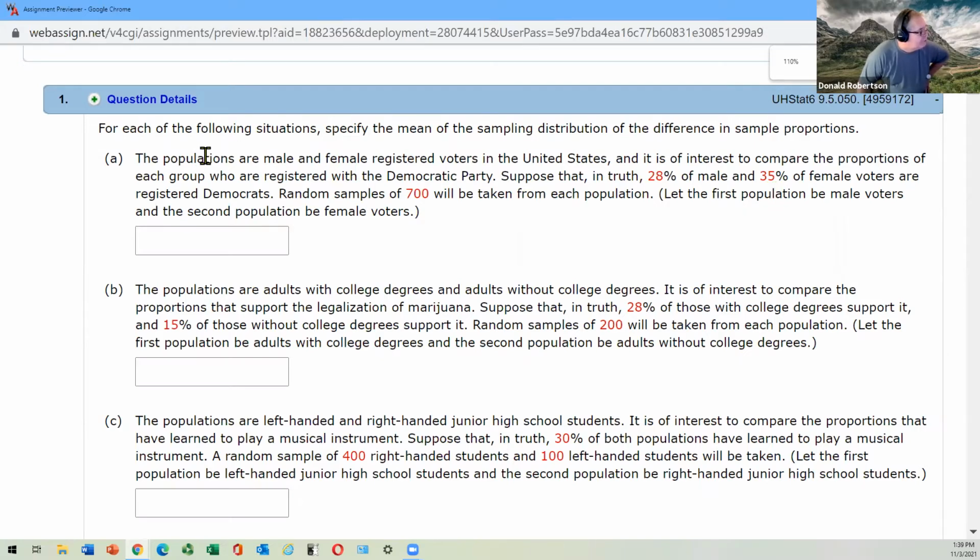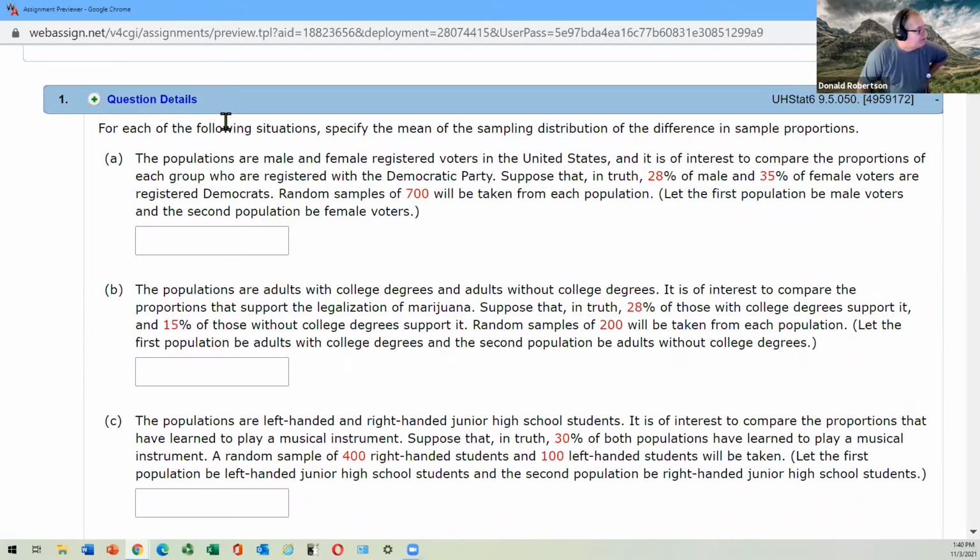So in question 1, the populations are males and females, registered voters in America. We're interested to compare the proportion of each group who registered with the Democrat Party. Suppose in truth, 28% of males and 35% of females, that's the truth. And you get a random sample of 700. Let the first population be males and the second population be females.